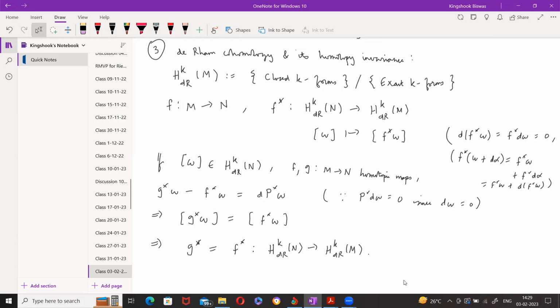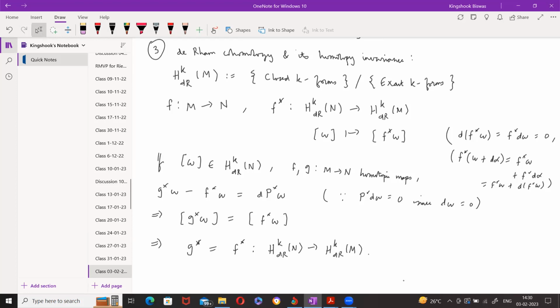Yes, sir, it's clear. Okay. So these are some applications of the prism operator. It's just the dual theory to what you do for homology. The prism operator in homology is used to prove the homotopy invariance of homology, right? So similarly, you can use it to prove the homotopy invariance of de Rham cohomology. Is this clear?